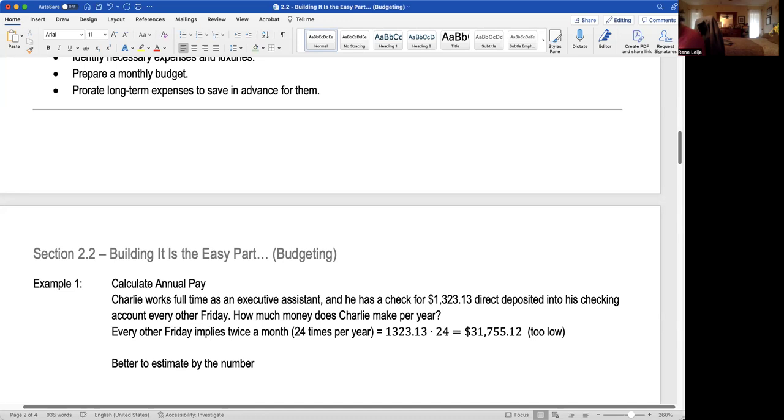by the number of bi-weekly checks. This means that there are 52 weeks in a year.